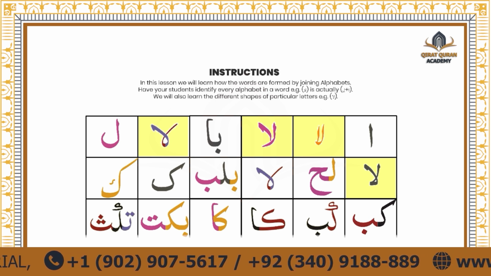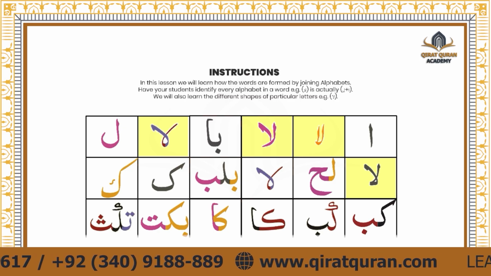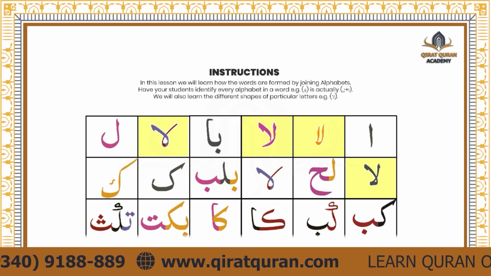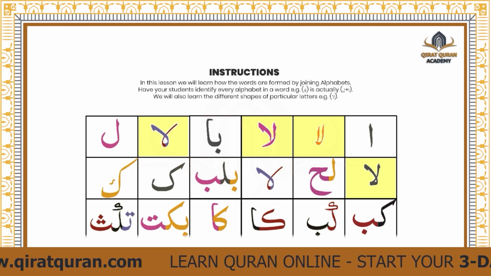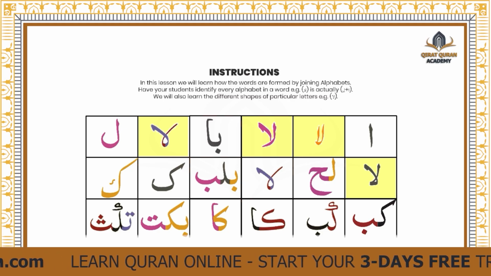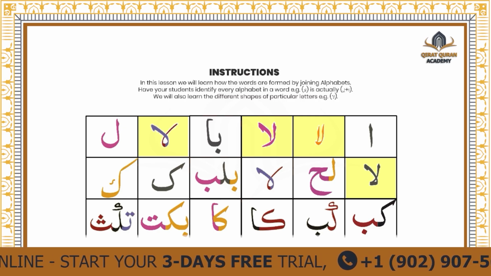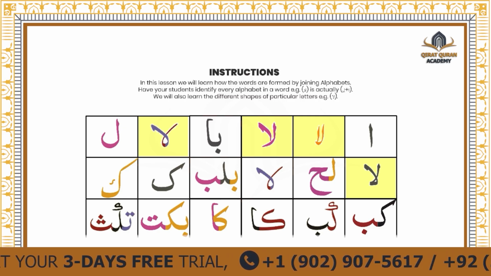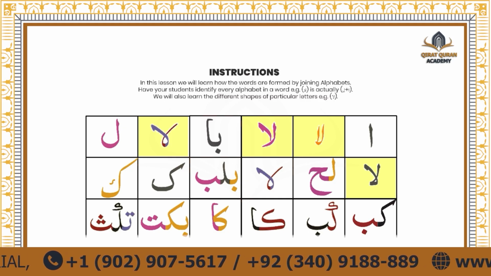So when lam comes with alif, these are the four styles. First one is this, lam, alif. Then this one is the second. Sometimes it looks like this, and sometimes lam and alif both look like this, and sometimes they look like this. So these are four different styles of writing lam and alif.